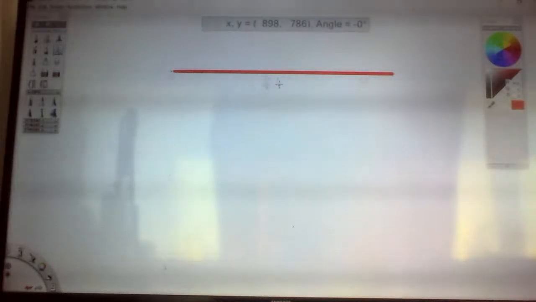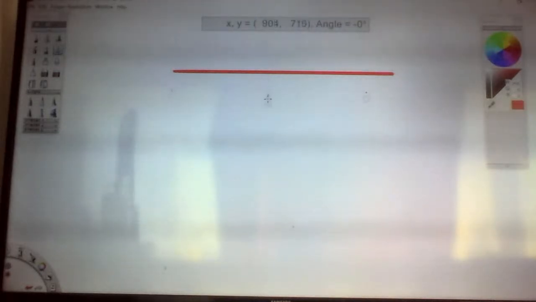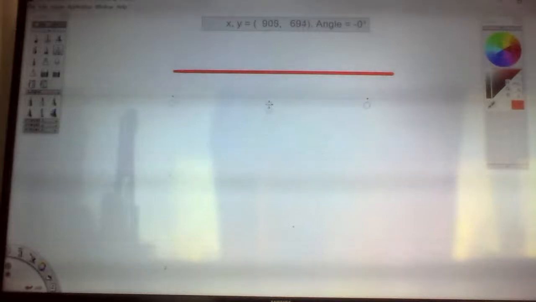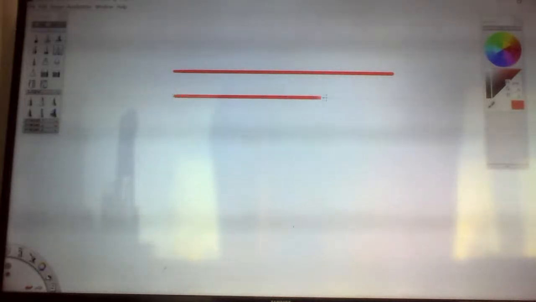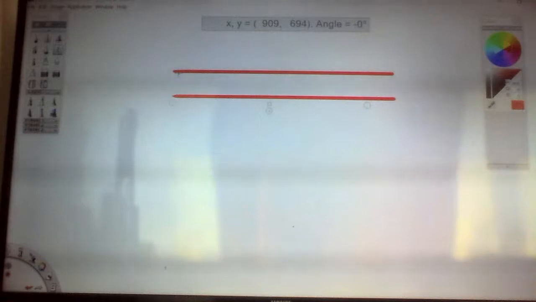Okay, at least it's given me a bit of a straight edge. At least I've got two straight edges there.